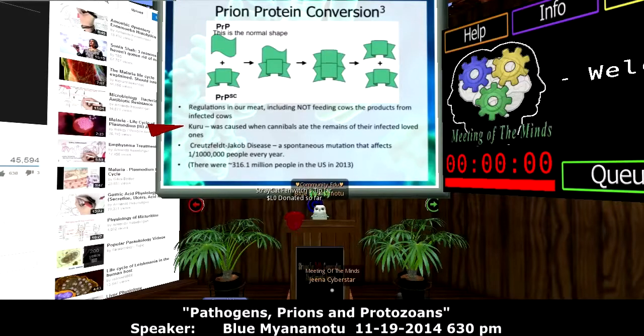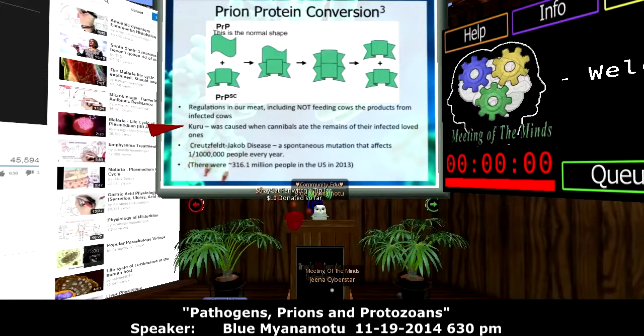And before you judge, this is not one of those cannibals that would hunt down a bunch of people and eat their meat. This was cannibalism of when somebody died, they would eat their loved one's remains, because that was a way of letting them live on in other people. So when people died from prions, they would eat the remains and obviously get sick, and it would continue to pass on.